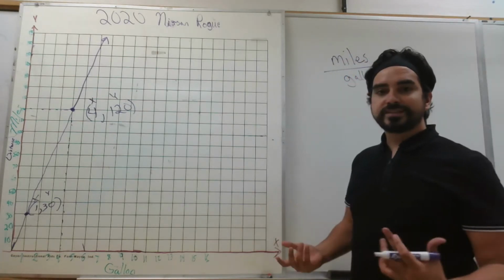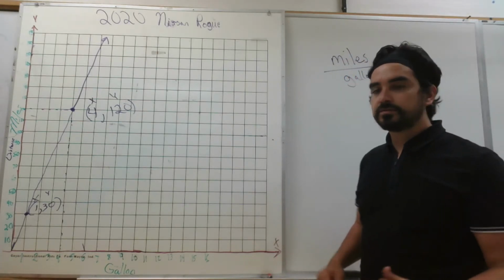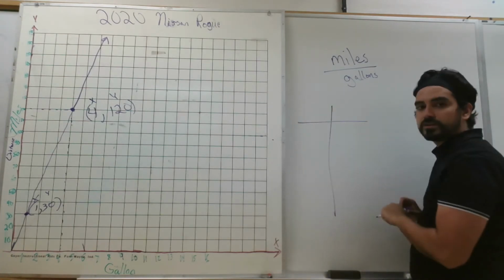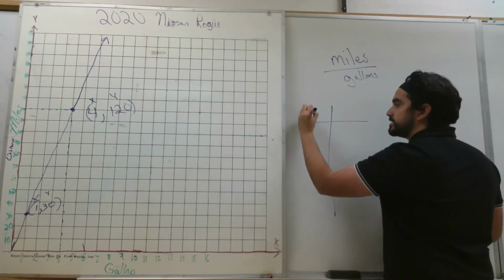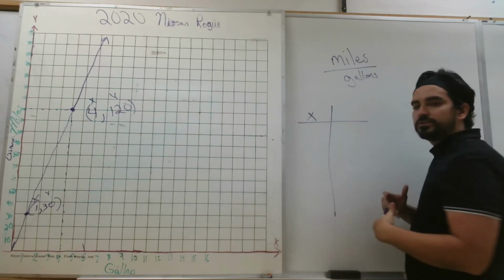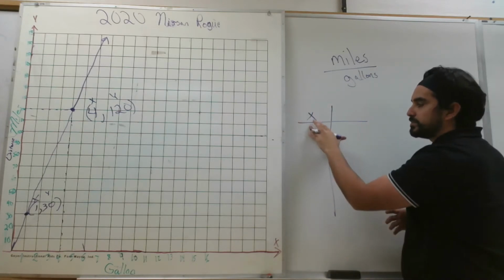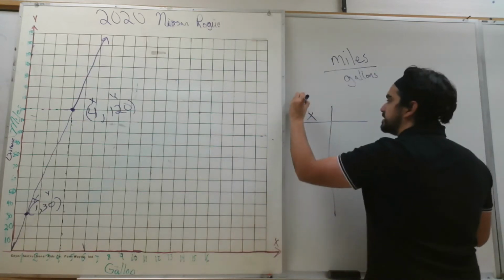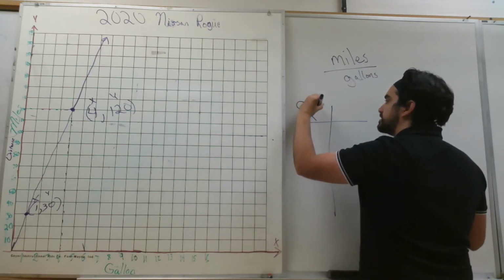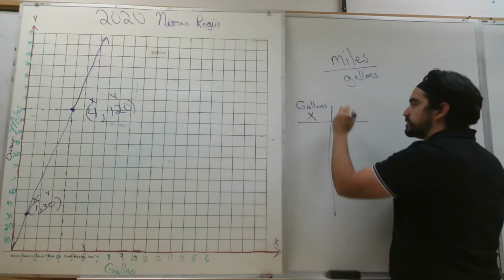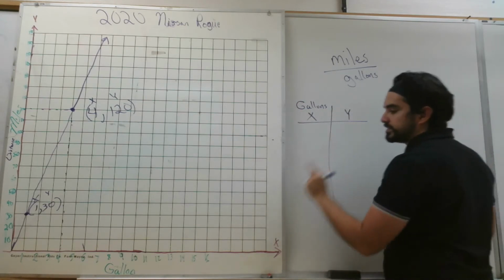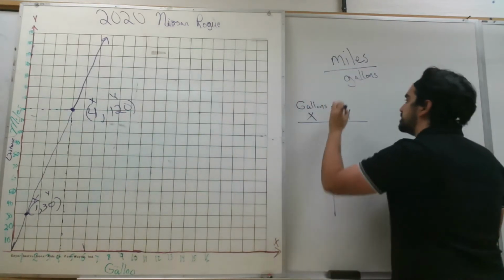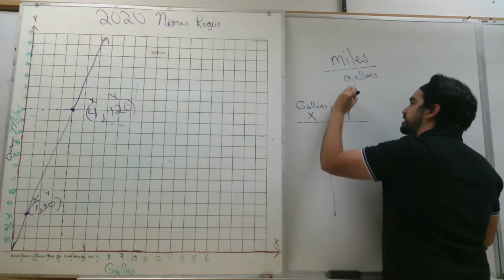So now I'm going to go ahead and set up my table, a T-chart. I'm going to put X, but what I want to do is label it. X represents gallons. Y represents distance in miles, so we're going to put miles.